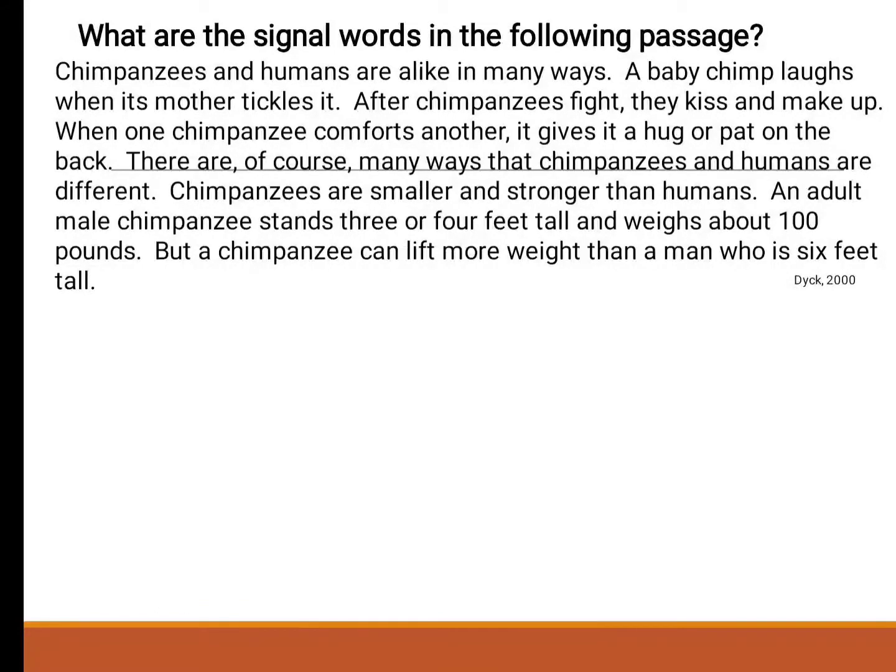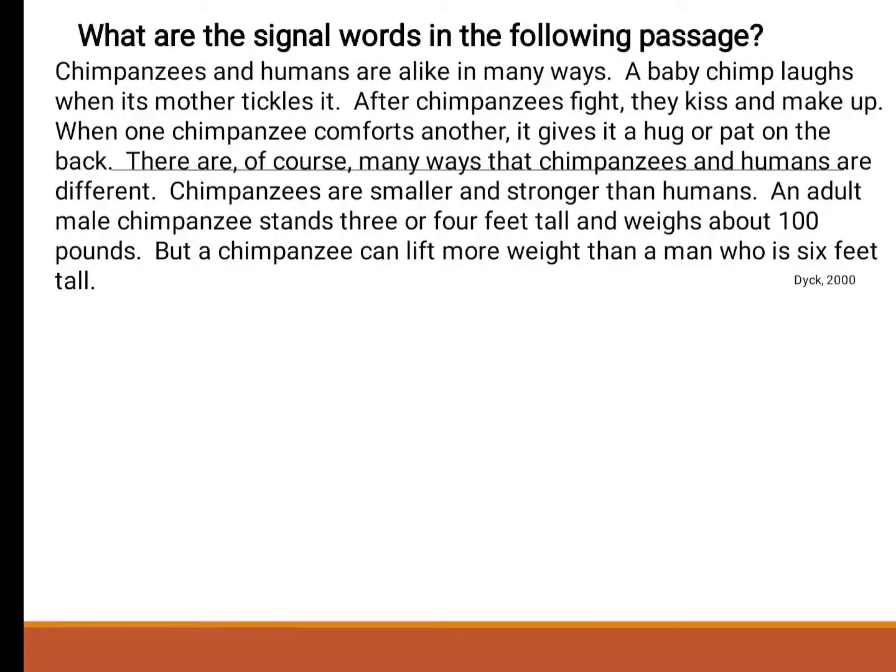There are, of course, many ways that chimpanzees and humans are different. Chimpanzees are smaller and stronger than humans. An adult male chimpanzee stands 3 or 4 feet tall and weighs about 100 pounds. But a chimpanzee can lift more weight than a man who is 6 feet tall.